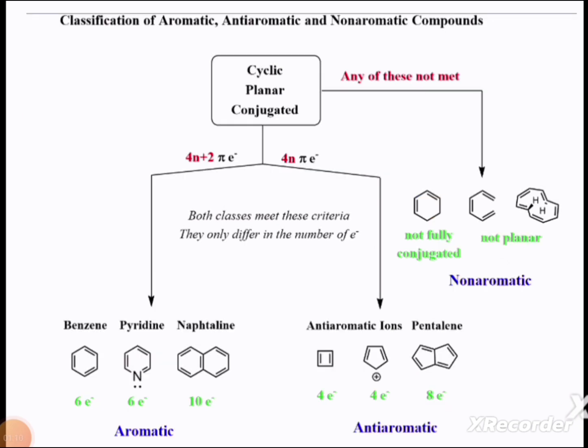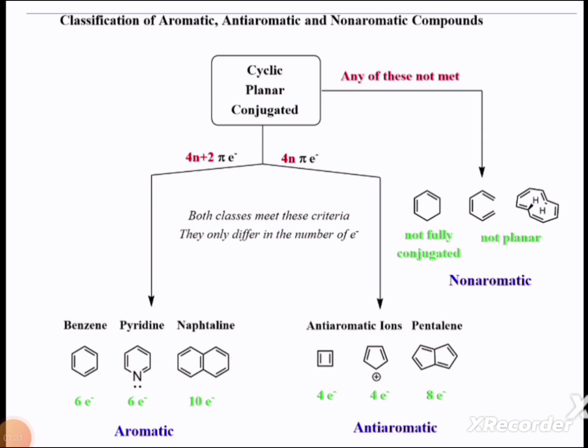So let us classify aromatic, anti-aromatic and non-aromatic compounds. As you know, an organic compound will be aromatic in nature if it is cyclic, planar and conjugated, and has 4n plus 2 pi electrons.